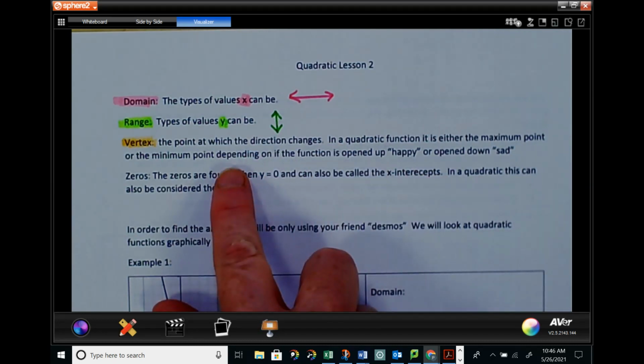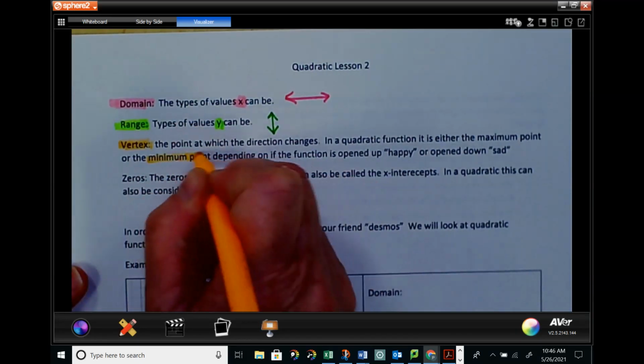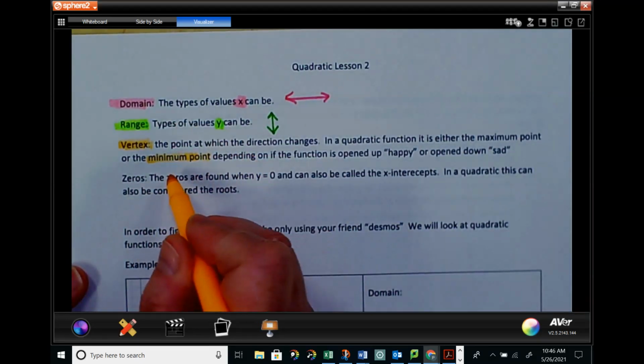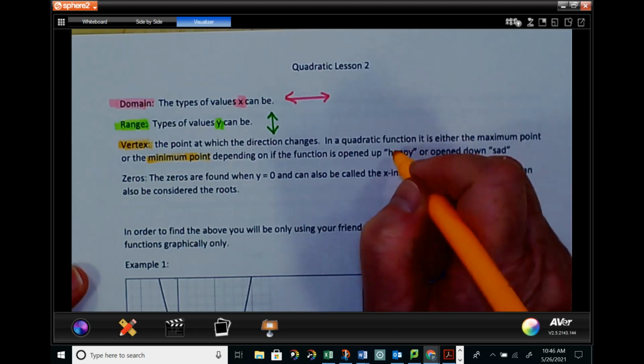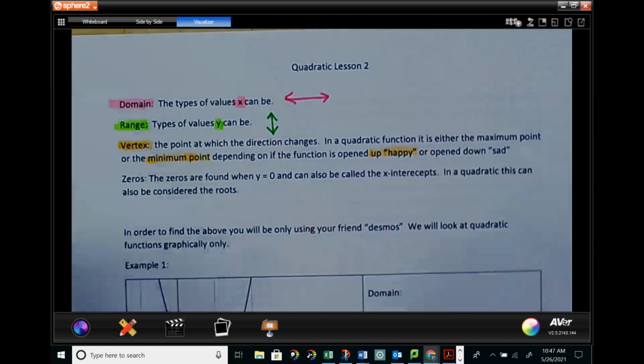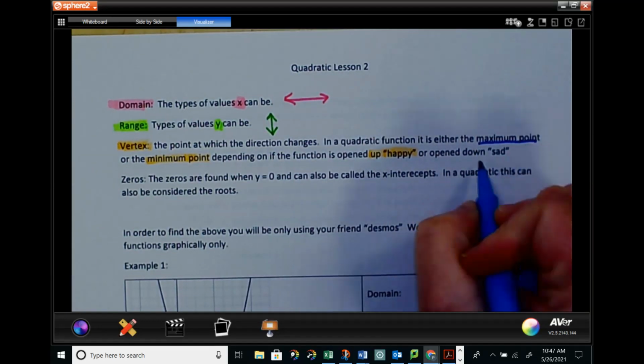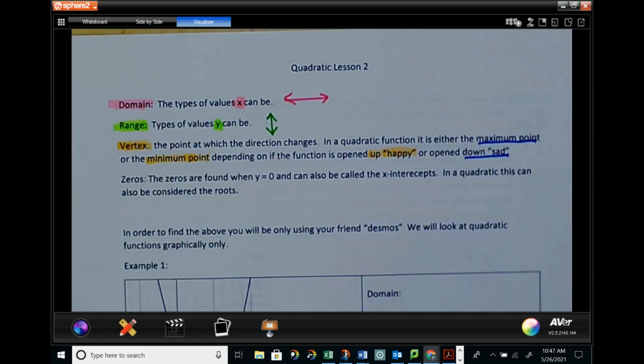You're either going to have a minimum point, when it's happy and opens up, or a maximum point, when it is sad, which means that it opens down.